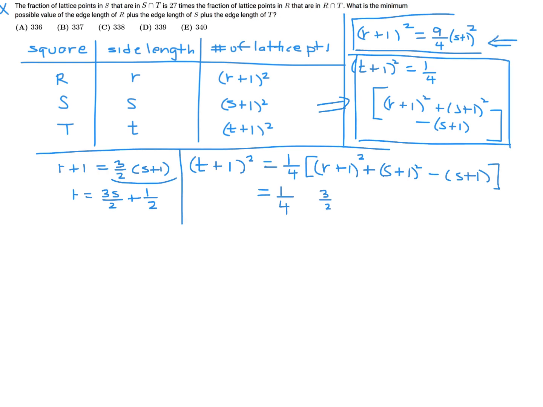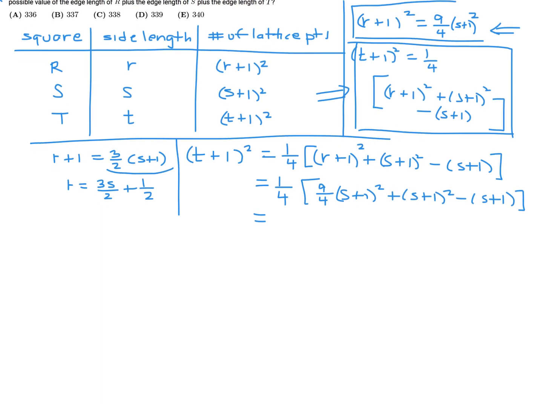(R plus 1) squared is just that, the same as up there, which is basically 9 over 4 times (s plus 1) squared. Okay, so that'll be good because then we just have one variable, at least on one side. Okay, so let's move forward with that.